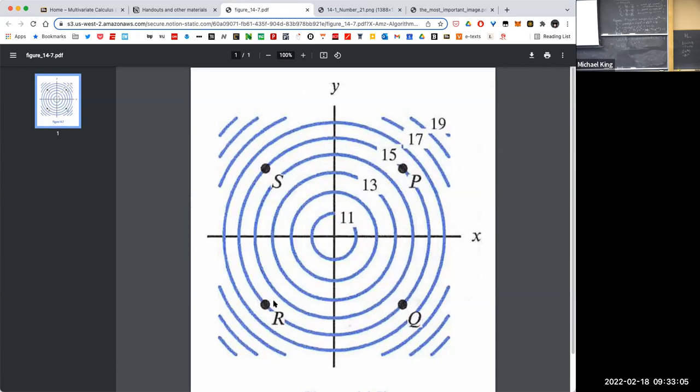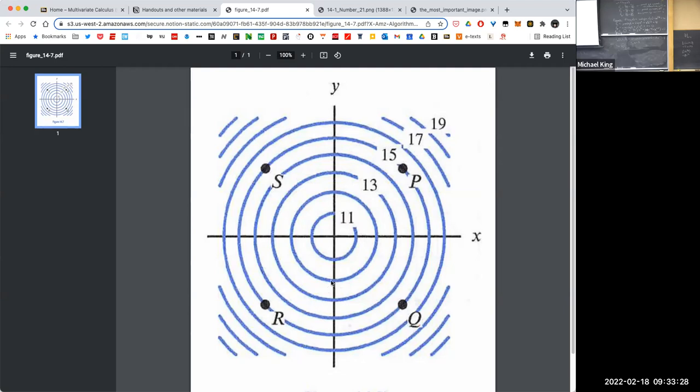Okay, good. What's the partial x here? Negative. Partial y? Negative. So you're going towards lower contours when you leave in the positive x direction from here. You're going towards lower contours when you leave in the positive y direction from here. So you can read the sign of a partial derivative often off of a contour map.